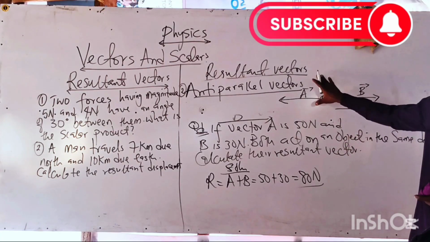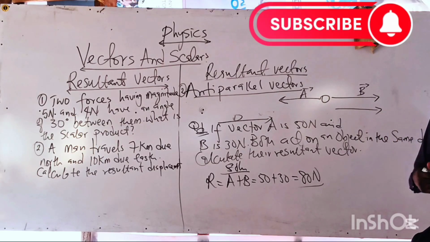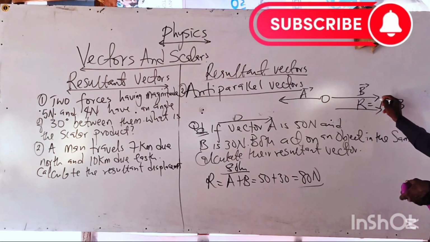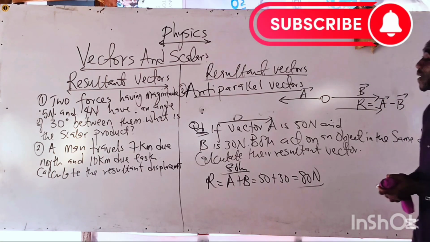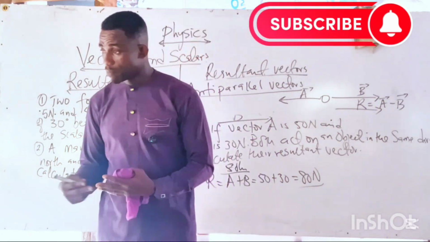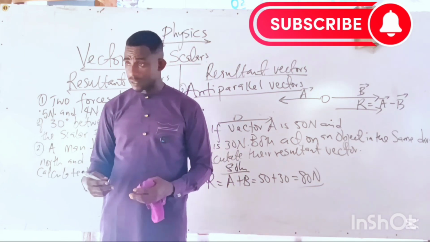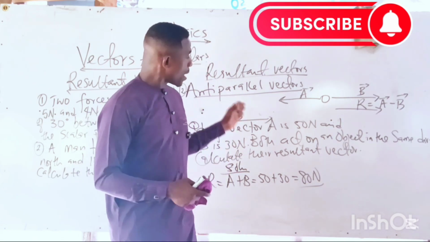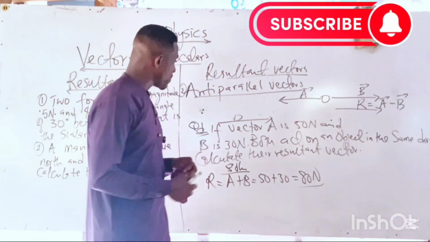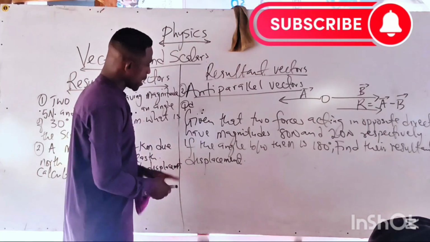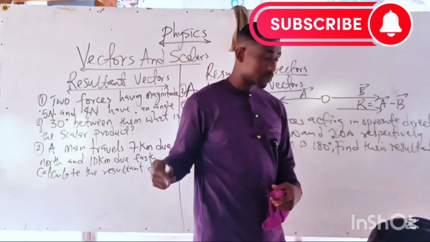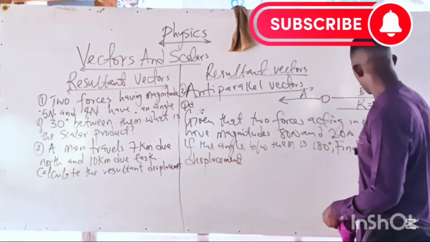The resultant of anti-parallel vectors is the arithmetic subtraction, so the resultant here is equal to A minus B. I hope you got that.